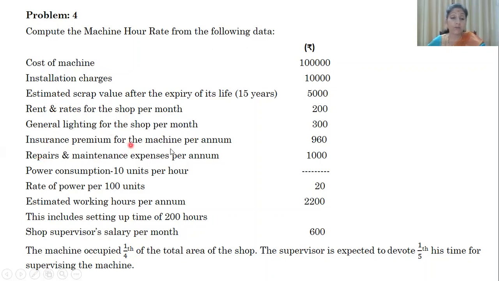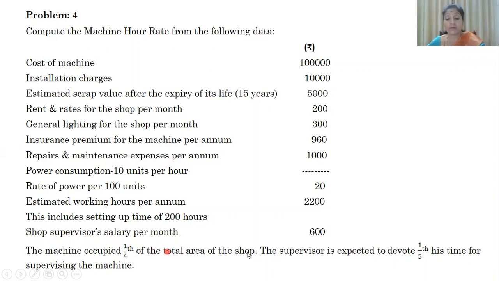Insurance premium for the machine per annum is also a standing charge. Repair and maintenance will come as a variable charge. Power is a variable charge. Then shop supervisor's salary per month comes under standing charge.